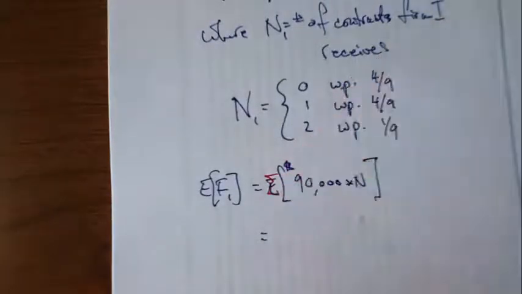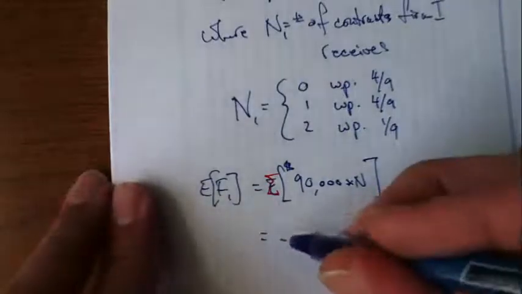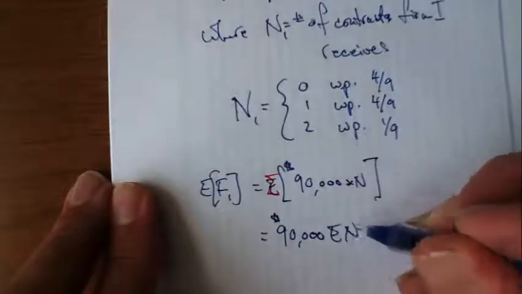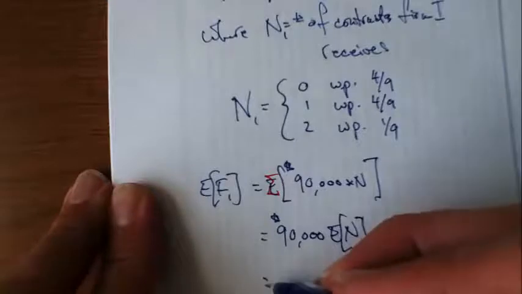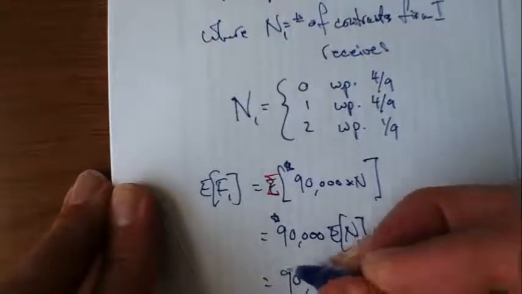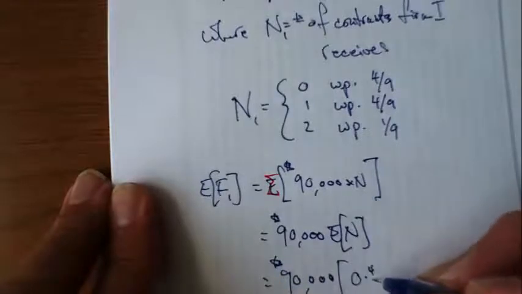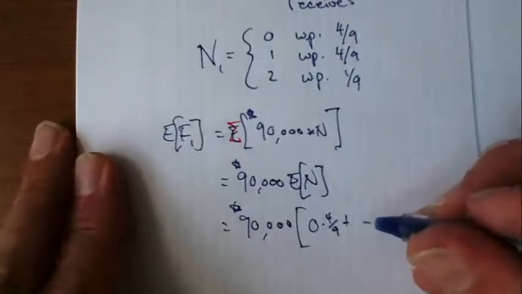So it's 90,000 dollars times the expected value of n. The expected value of n is pretty easy to get to: 0 times 4/9 plus 1 times 4/9 plus 2 times 1/9.